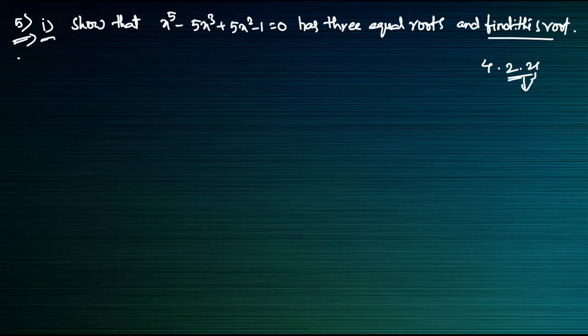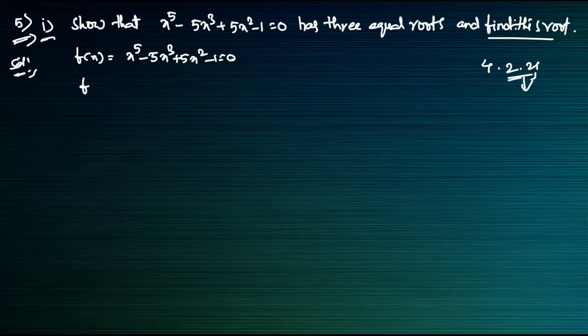Now here the question is given, we have to find the root now. Solution here. So what is given: let f of x is equal to x power of 5 minus 5x cube plus 5x square minus 1 is equal to 0, so we will take f of x as that.